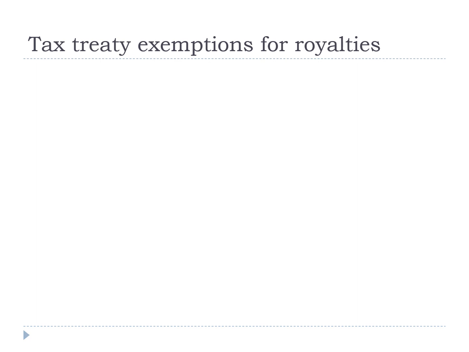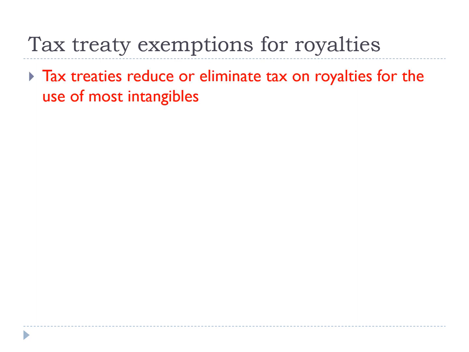Most U.S. tax treaties exempt or reduce the tax rates on royalties when they are earned by foreign persons. U.S. tax treaties generally exempt a foreign person from U.S. tax on U.S. source royalty payments or reduce significantly the tax on such payments.